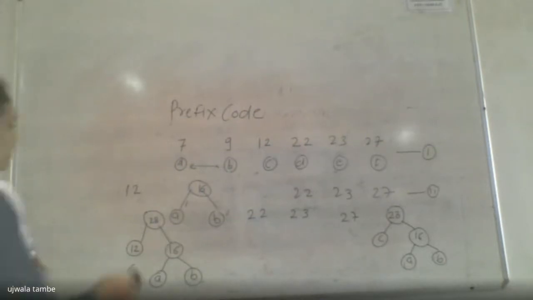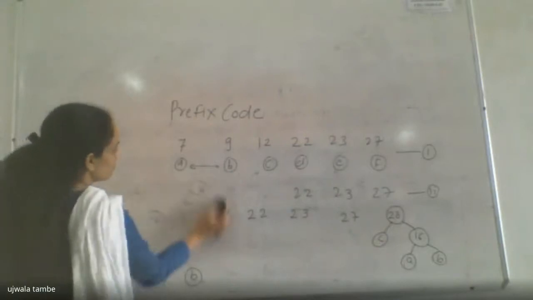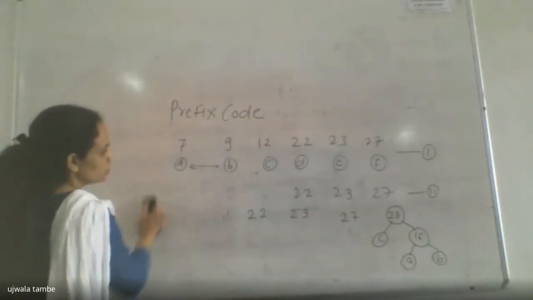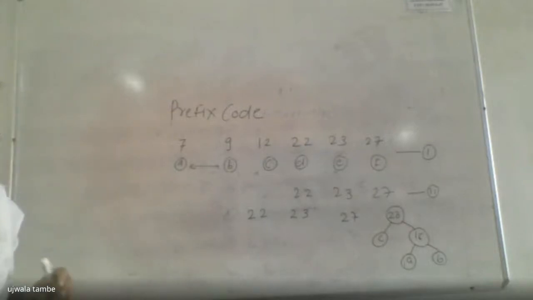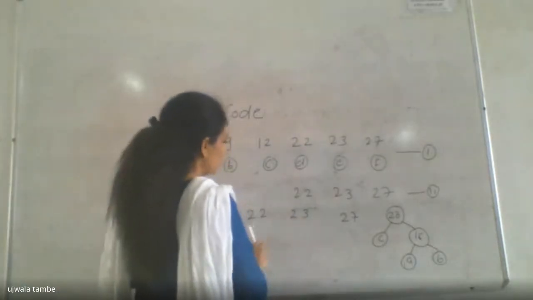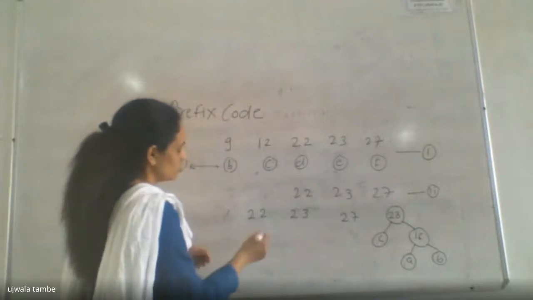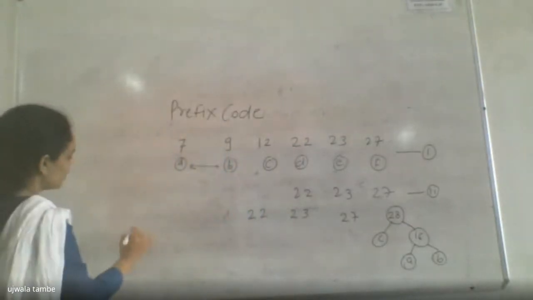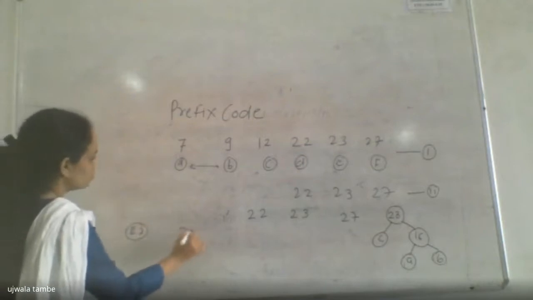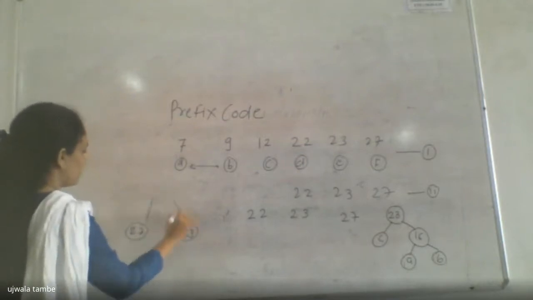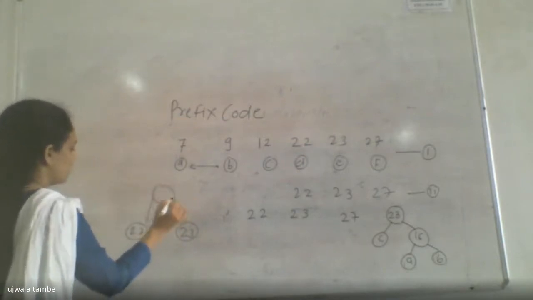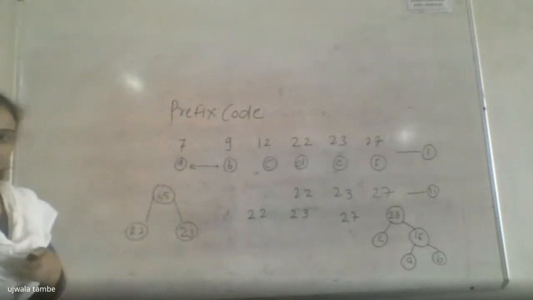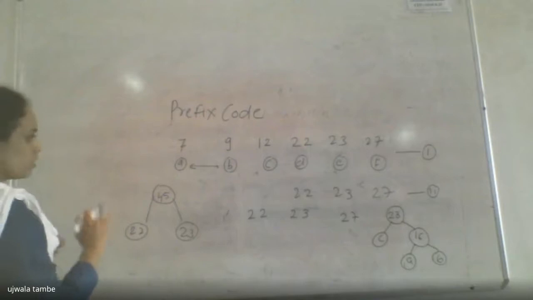After this, again we have to pick the two minimum ones. From the entire tree, 22 and 23 are the minimum remaining. So add 22 and 23 together, which gives 45.